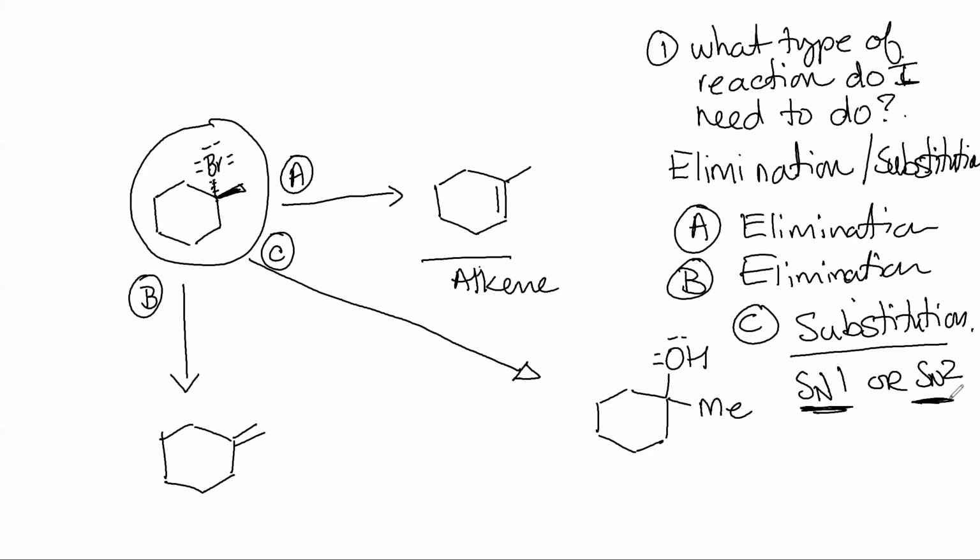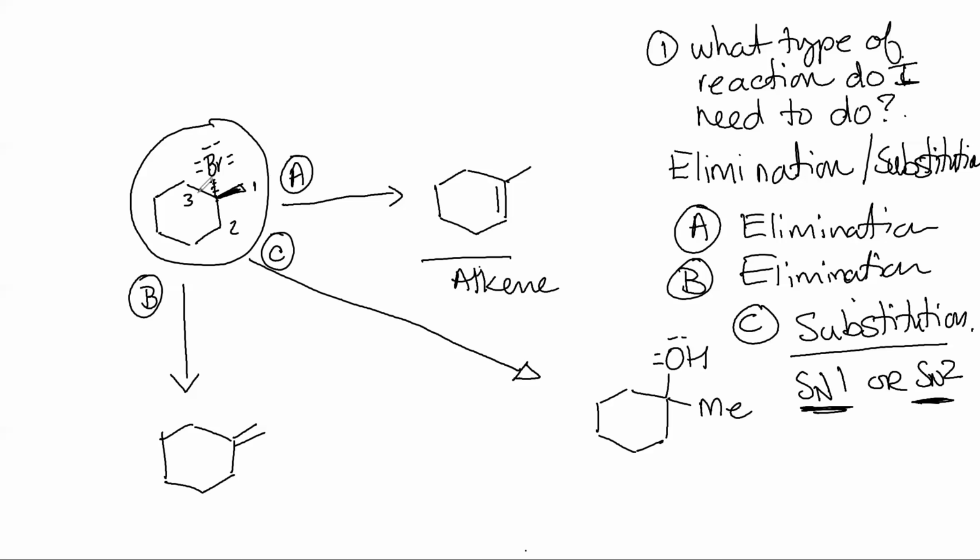Okay, the first thing I would look at is the type of alkyl halide we've got. This bromide we're starting with has 1, 2, 3 substituents, so it is a tertiary. If it's a tertiary alkyl halide, it can only be one type of substitution reaction.